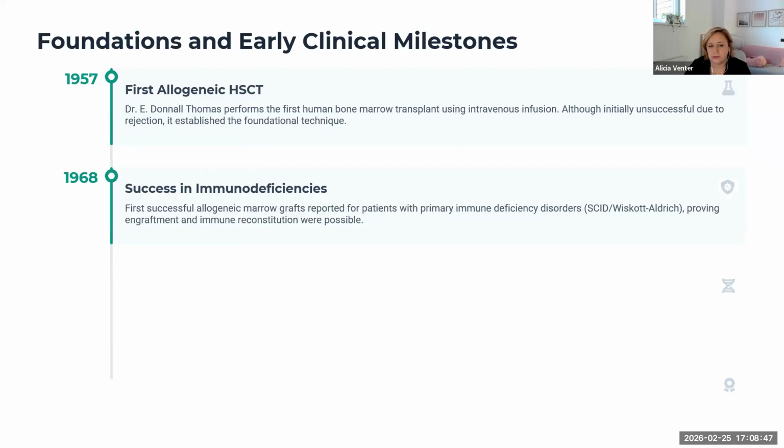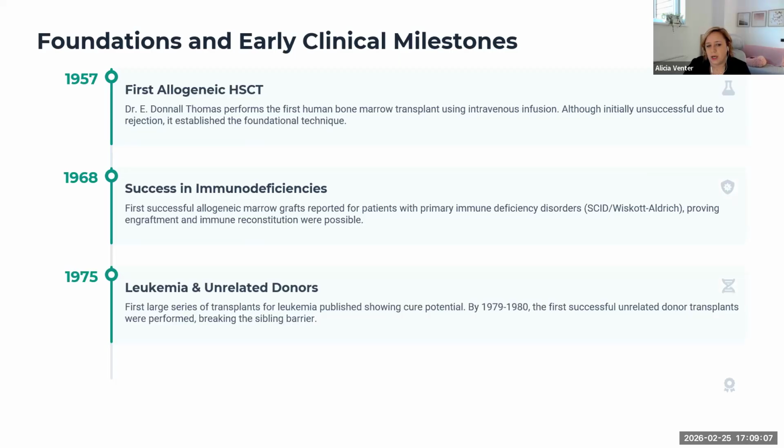A decade later, he found success in immunodeficiency, specifically in allogeneic marrow grafts, reportedly for patients with primary immune deficiency disorder, proving engraftment and immune reconstitution were possible.